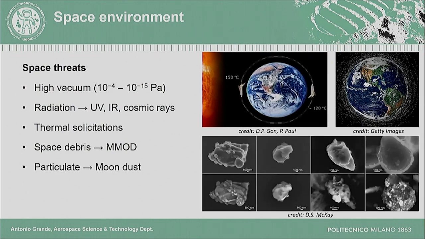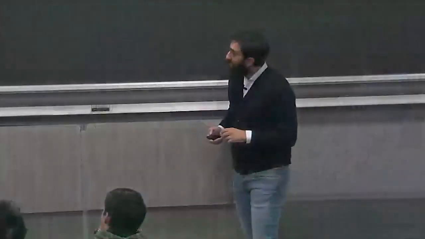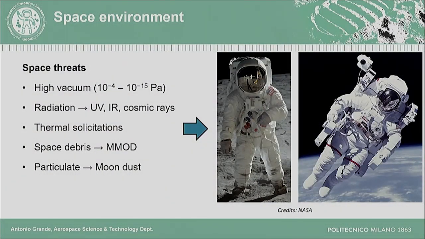We have also, in case of moon exploration, dust. This kind of dust has a characteristic dimension of nanometers, and it is very dangerous for the health of the humans and the astronauts.